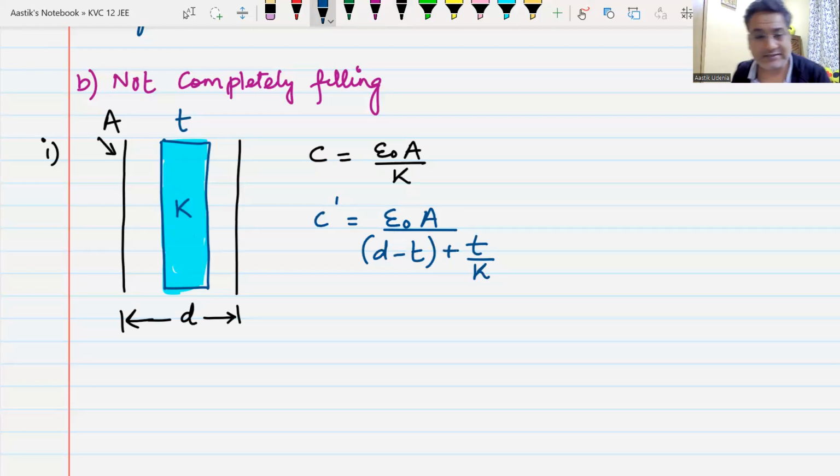It changes like this. If I find out the ratio between the two capacitances, C dash by C, C dash by C will be how much?